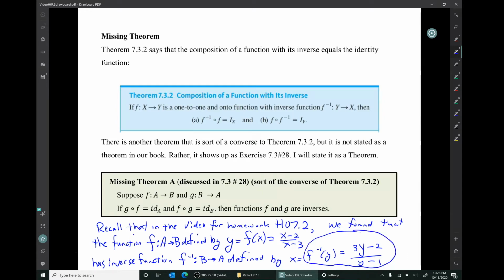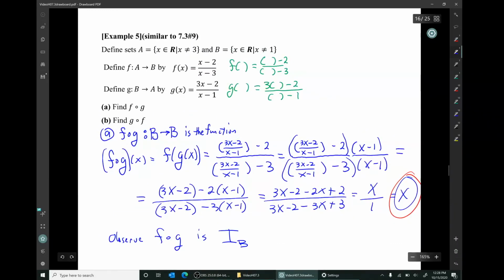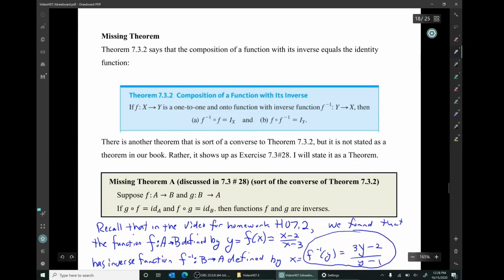Well, that's the same formula for g. g of x is 3x minus 2 over x minus 1. g of y would be 3y minus 2 over y minus 1. The thing is, g has domain B and codomain A and has that formula. And we had previously found that f inverse has that domain and codomain, and has that formula. Let's go on.